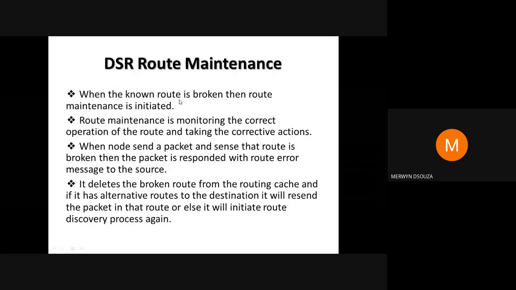So whenever a route has been broken, you apply the second step of DSR, that is route maintenance. Basically, in route maintenance, whenever you send a packet and you sense that the packet is not being acknowledged, one of the routers along the route may reply with a route error message.